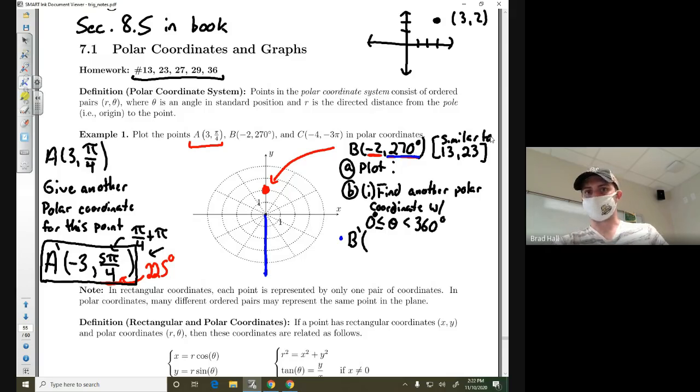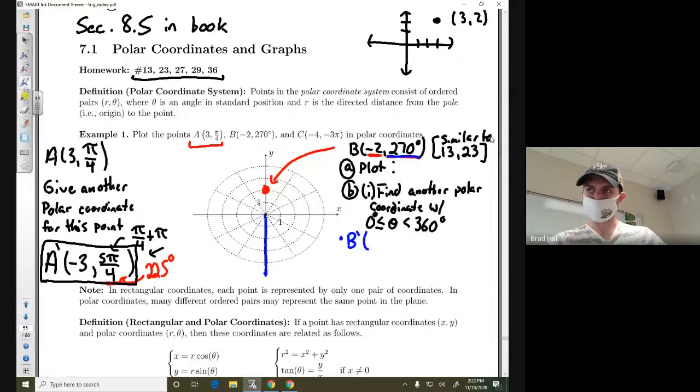You would negate whatever the radius is. So this would be another polar coordinate with the angle within 0 to 360. You would negate whatever the radius is, so -2 becomes +2. Now 270, if you add 180 degrees to that, it's going to be too much. It's going to be outside of your interval from 0 to 360.